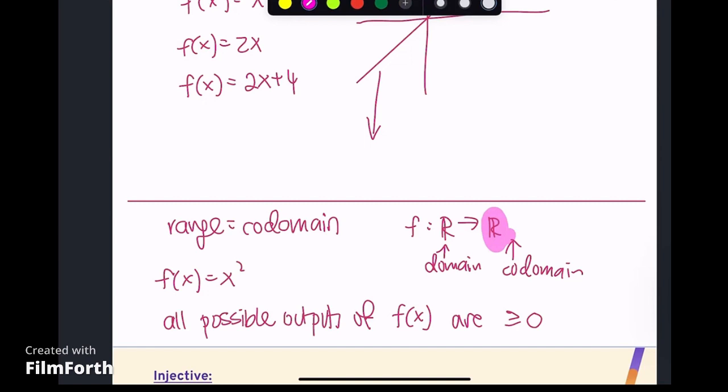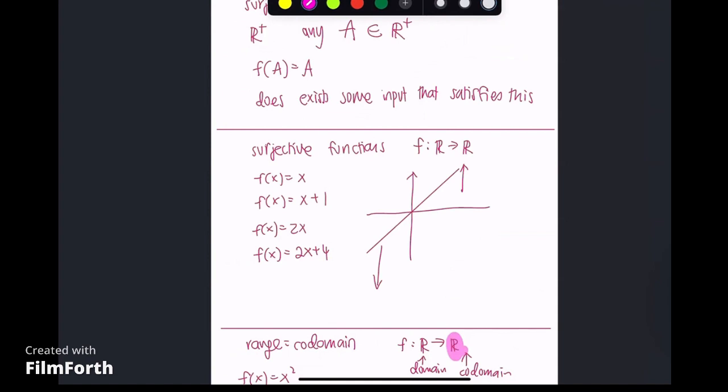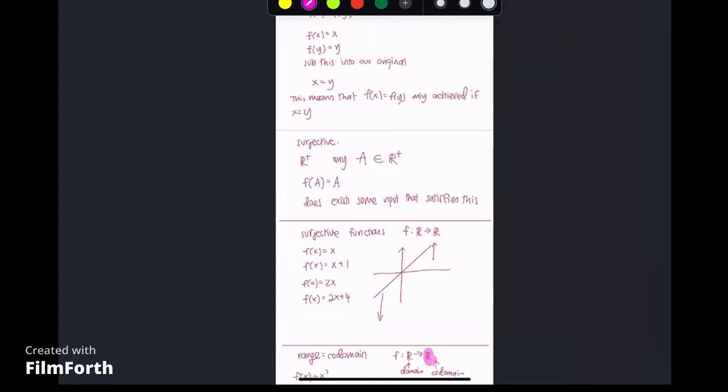So that means we can't achieve any values in our codomain that are less than 0, and that's why it's not surjective. That's basically why something isn't surjective, and the exact opposite is when it is surjective, so if you can achieve all the numbers in its codomain. Okay. Now let's move on to the next part.